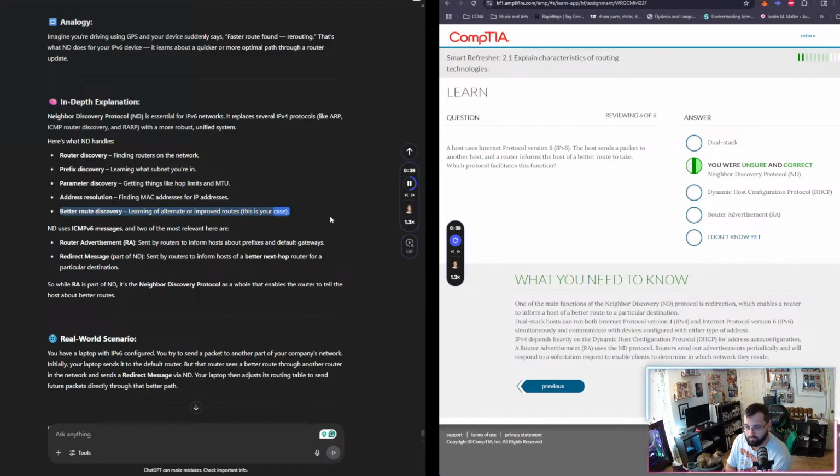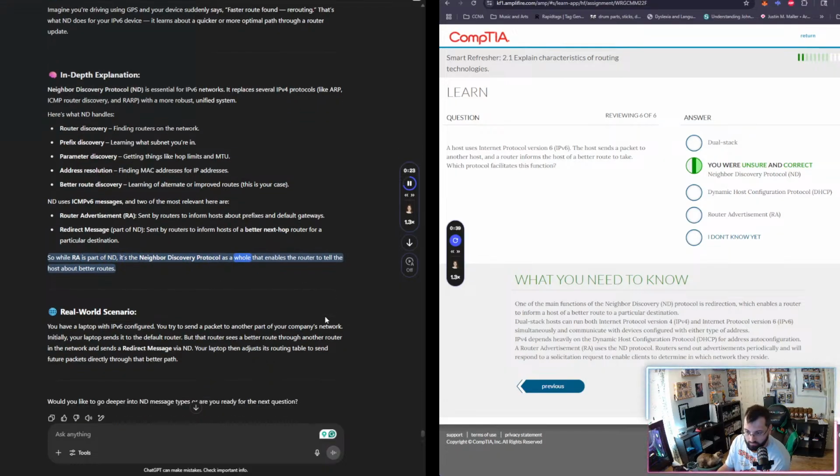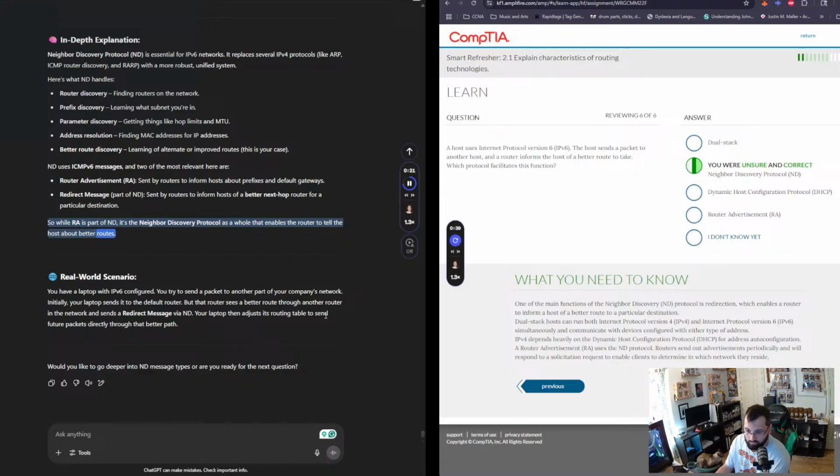ND uses ICMPv6 messages, and two of the most relevant here are router advertisement (RA), sent by routers to inform hosts about prefixes and default gateways, and the redirect message, sent by routers to inform hosts of a better next hop router for a particular destination. So while RA is part of ND, it's the Neighbor Discovery Protocol as a whole that enables the router to tell the host about better routes.